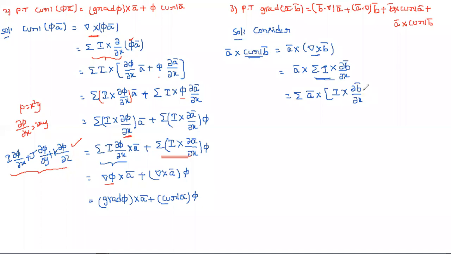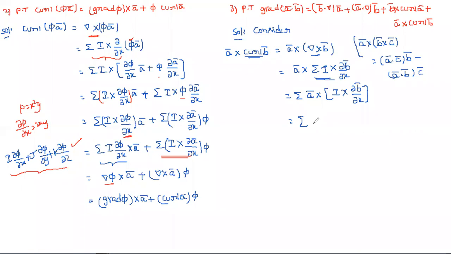Already in the last class we said the formula a bar cross b bar cross c bar is equal to a bar dot c bar into b bar minus a bar dot b bar into c bar. This is the formula we are going to apply now. Here a bar is as it is, b bar is i, and c bar is dou b bar by dou x.